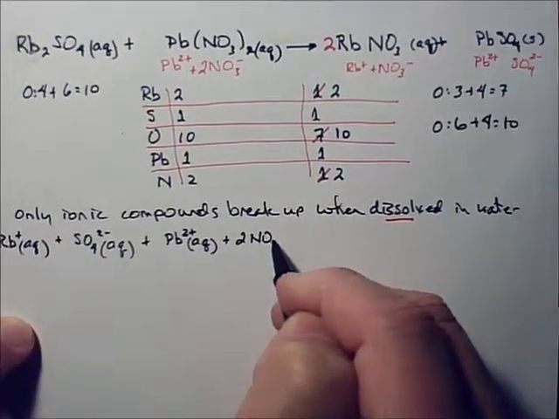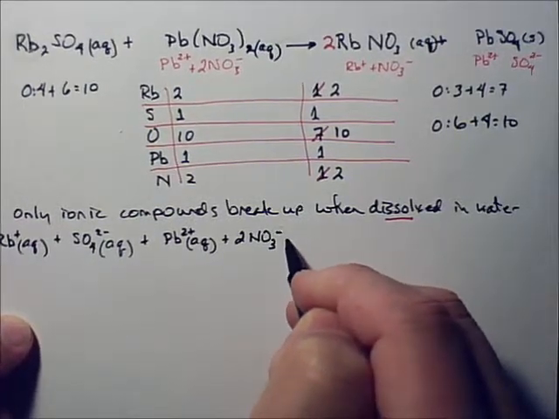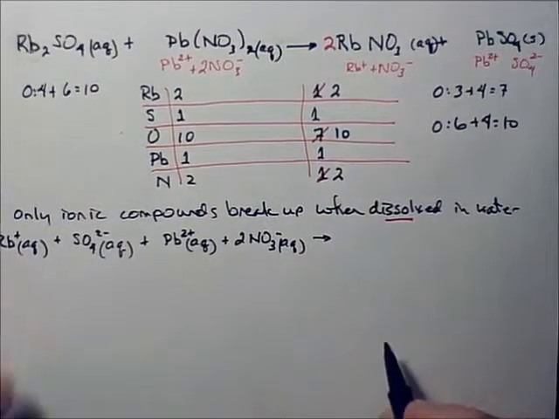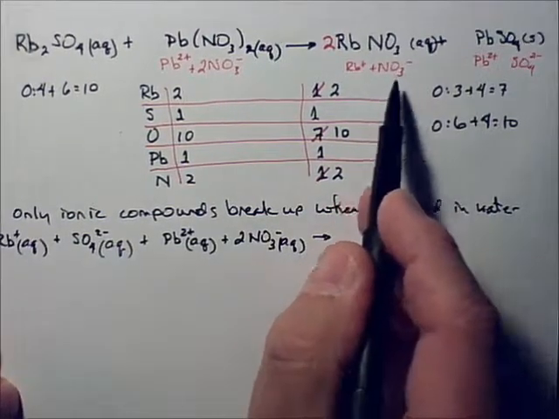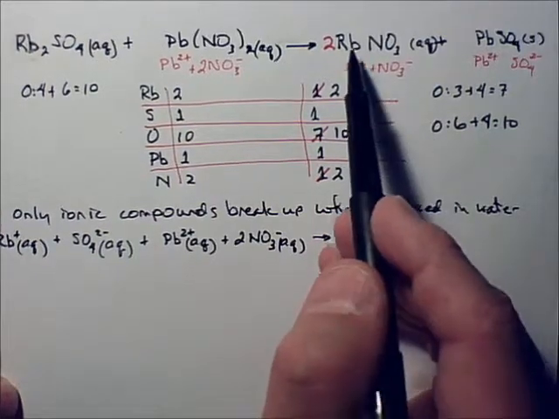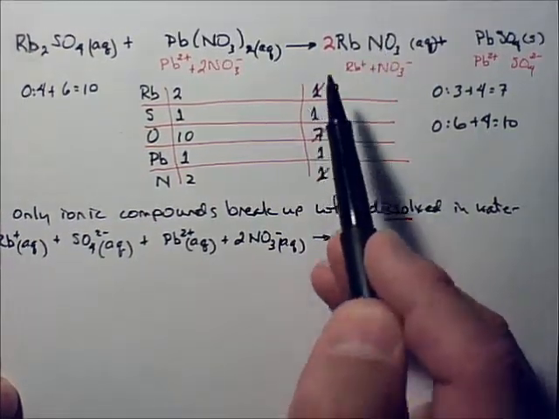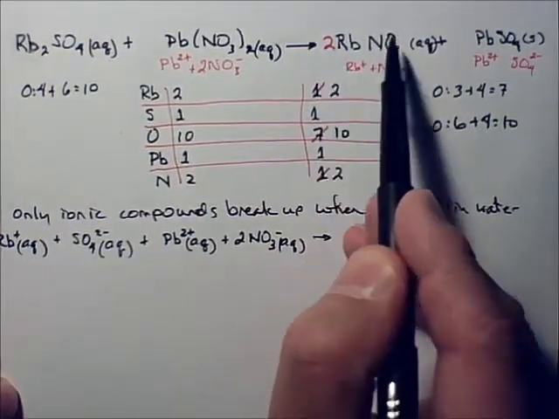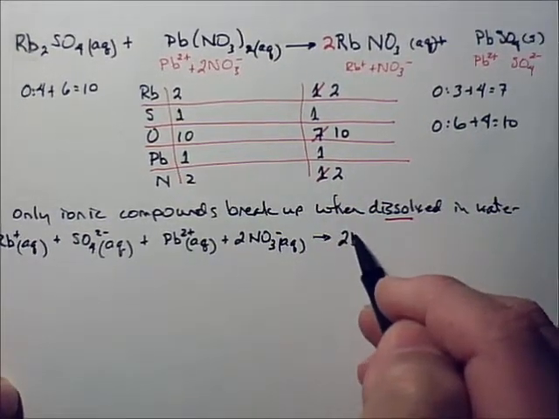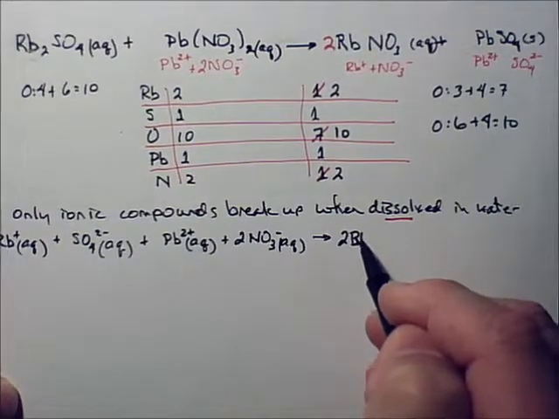We got 2 nitrates. We've already got this one broken up too. The only difference here is now we have 2 rubidiums and 2 nitrates because we had 2 of the whole compound. Oop, that should be R, then B.